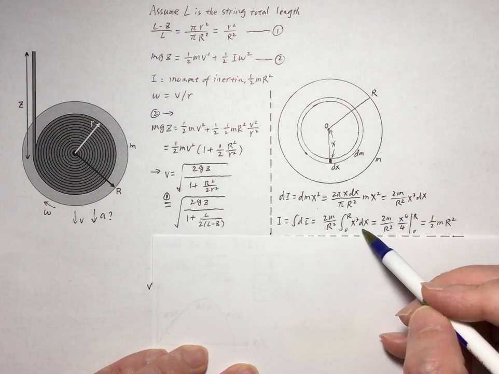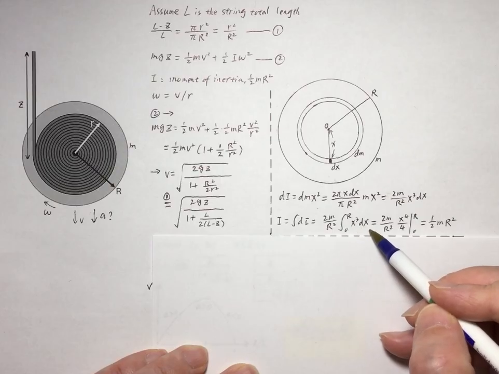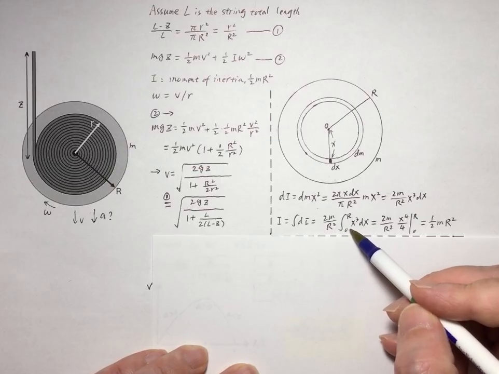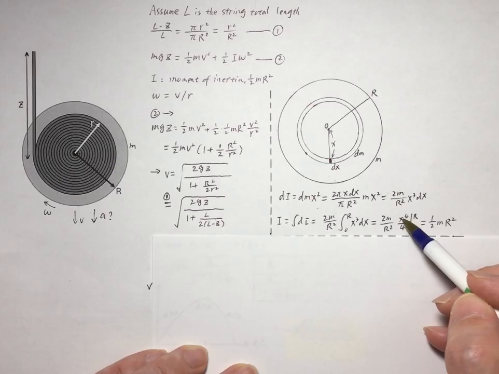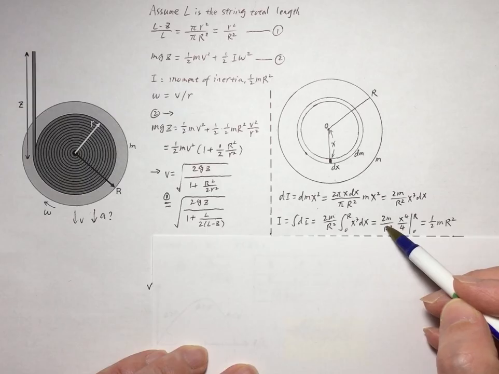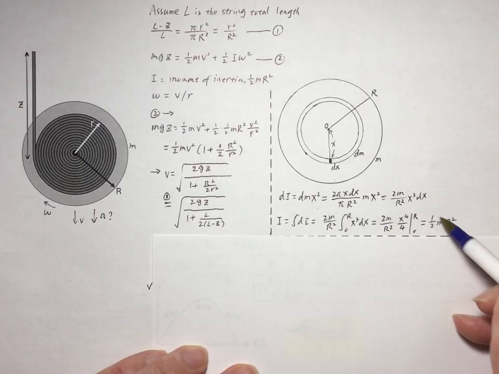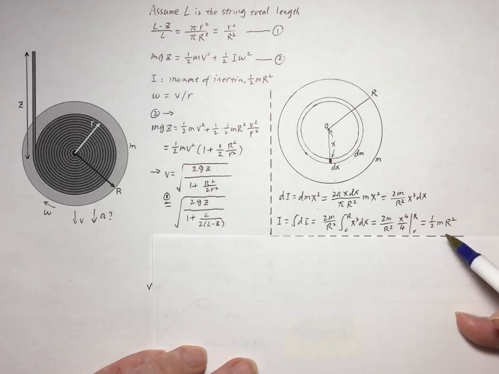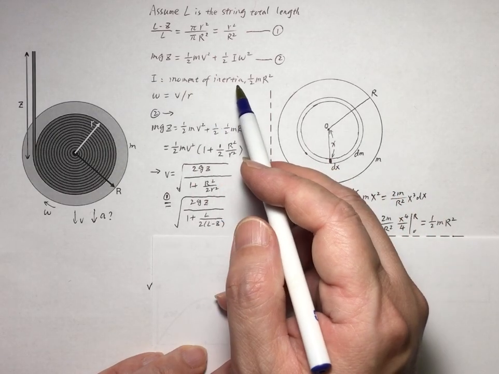After integration, the term becomes x to the fourth over 4. Plugging in R and 0, eventually we get half m r squared. So now we have the moment of inertia.